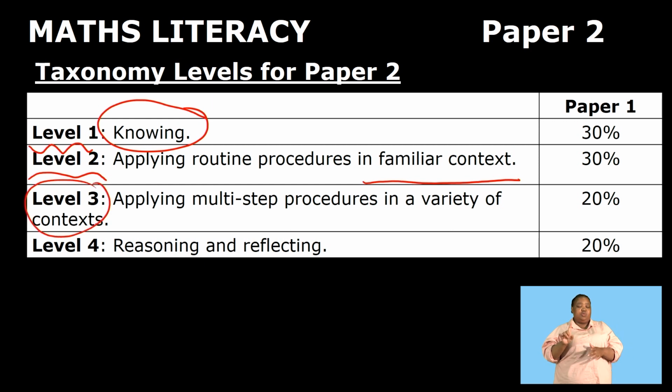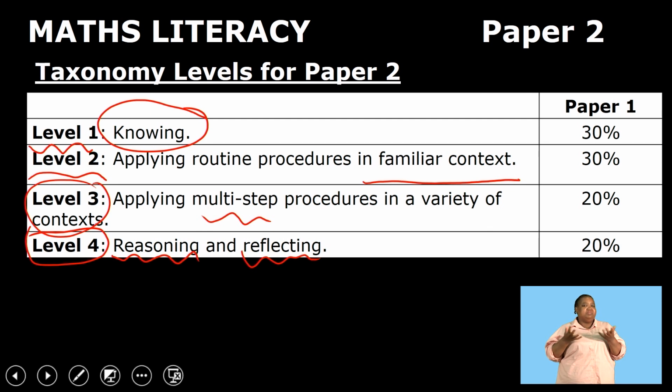Level 3 is multi-step procedures, and that can be in familiar and unfamiliar contexts. And then the last one is where we end with level 4, some energy for the brain, where we need to reason and reflect. And that is your taxonomy levels.